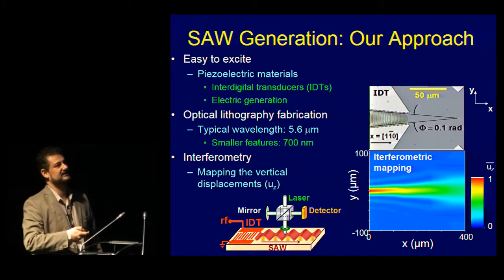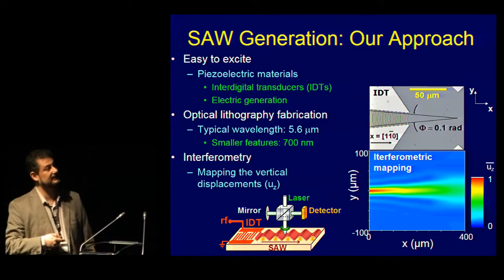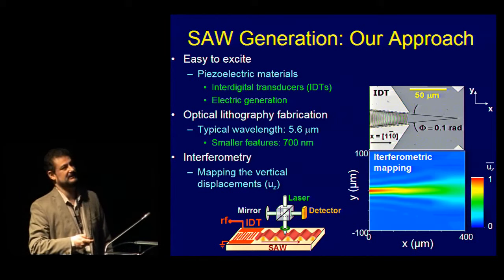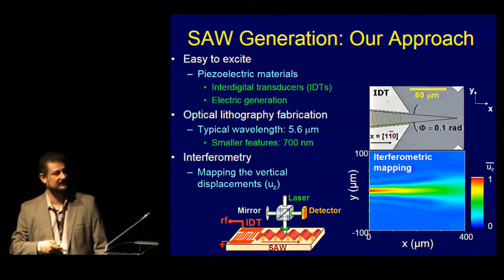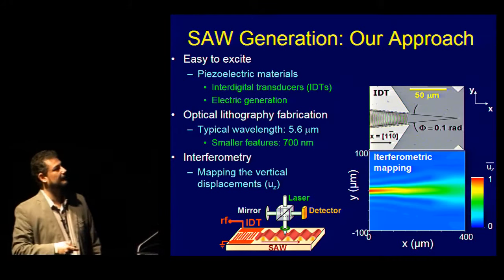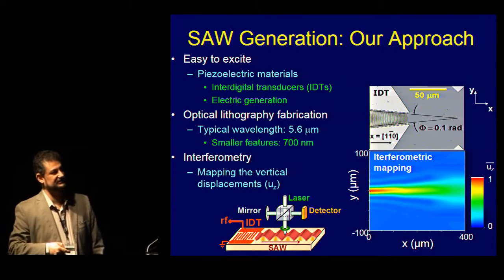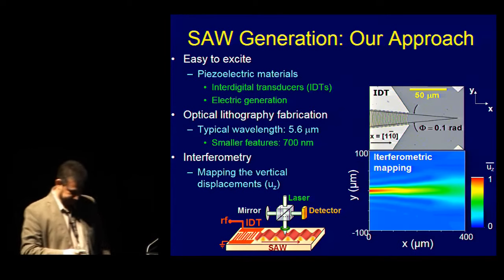This is not the limit, but it's the limit in our approach because it's close to the limit that we can fabricate using optical lithography, that have features smaller than 700 nanometers. It gives an acoustic wavelength close to 6 micrometers.